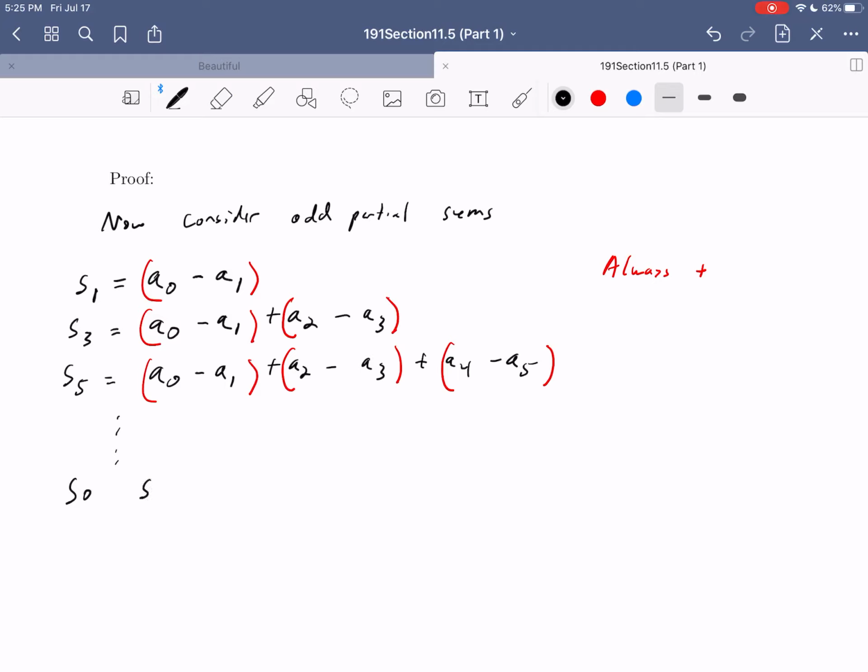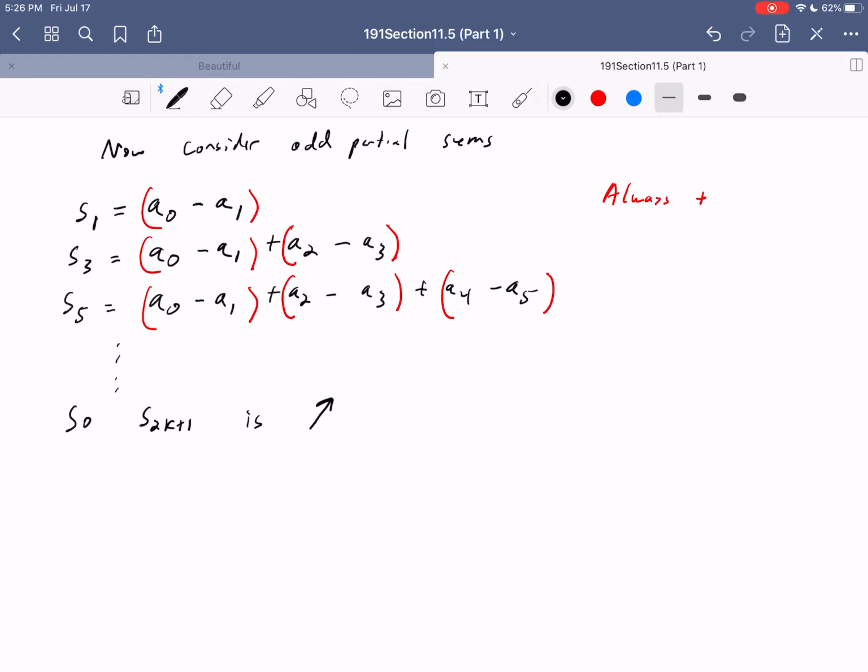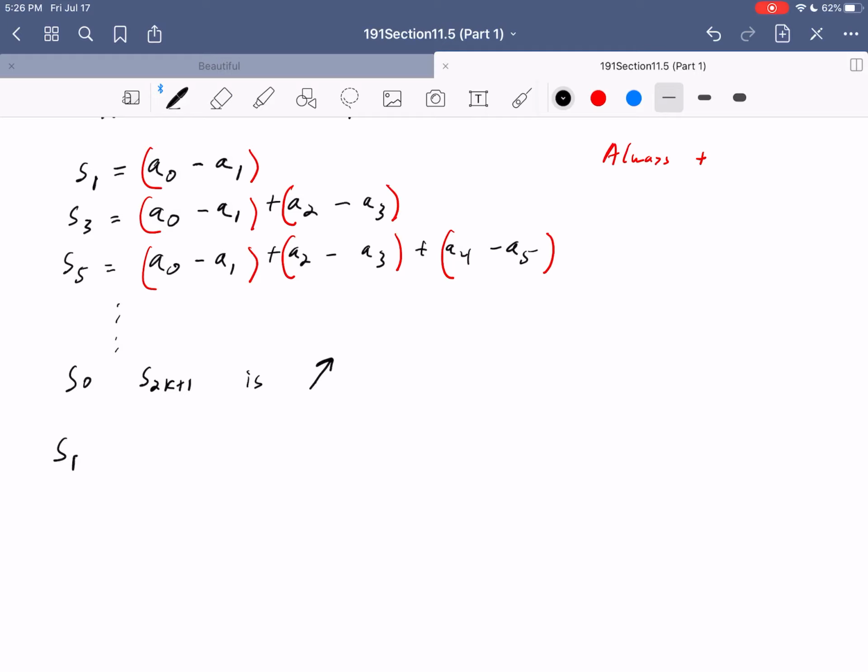So S sub 2k plus 1, that's how we would normally notate the odds, 2k plus 1, that's a good way of always making sure you get an odd number, is increasing. So we know that these are strictly getting larger and larger. Now if we can show that they're bounded above, in other words, if they have some upper bound, then we can go ahead and use the monotonic convergence theorem. So let's do the same sort of trick.